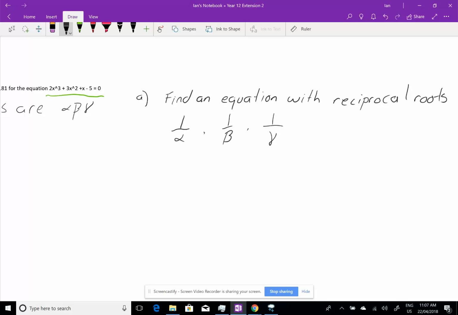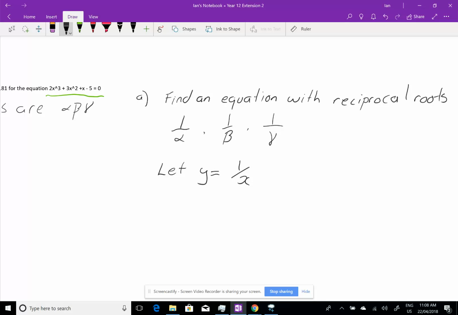If I want the reciprocals to be true, I can now just sub in those reciprocal roots and I could get the equation out. So since the roots are going to be reciprocal, I'm going to let y equal 1 on x.